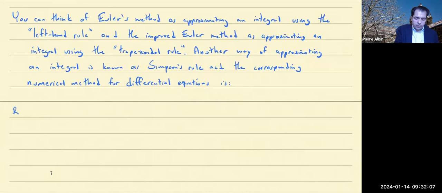This is known as the Runge-Kutta method, named after two German mathematicians, Karl Runge and Wilhelm Kutta, who came up with this method around 1900.